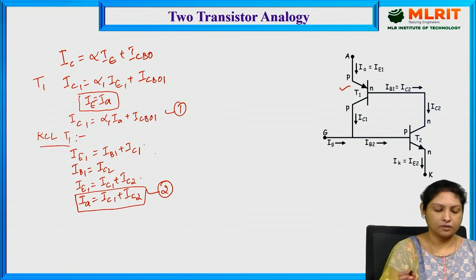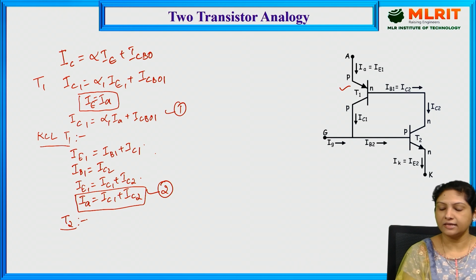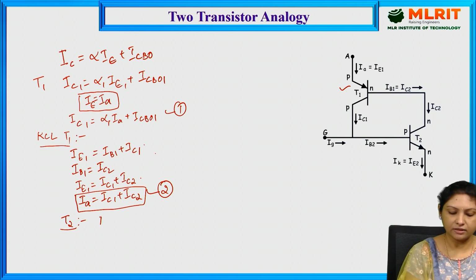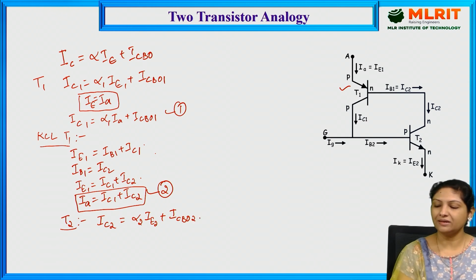Now, let us write the equations for transistor 2. Here, collector current IC2 is given by the formula alpha 2 IE2 plus ICB naught 2. And emitter current is equal to that of the cathode current.